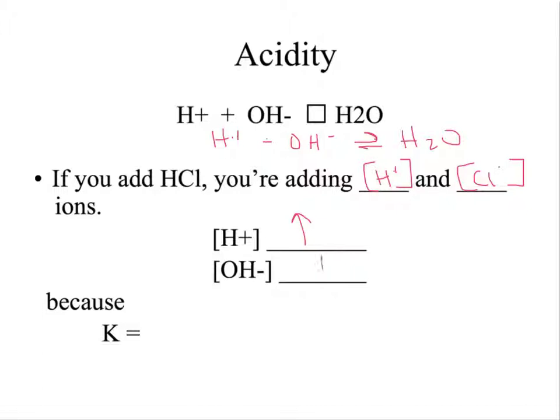When that happens, the hydroxide ion concentration actually goes down, because if you remember, Kw is the concentration of H plus times the concentration of hydroxide. So if one of these goes up, the other goes down in order to maintain a constant value of Kw. So at 25 degrees, Kw is 1.0 times 10 to the negative 14th.